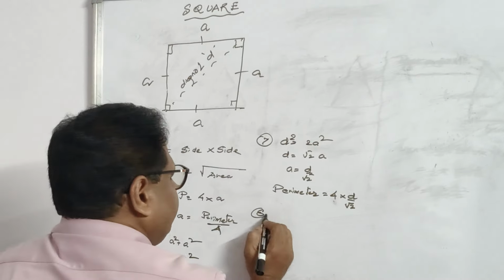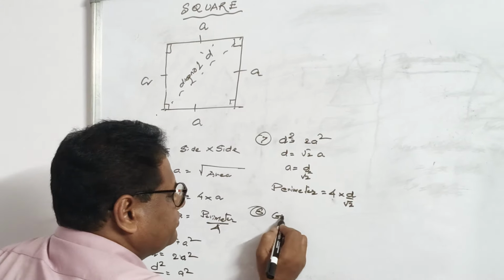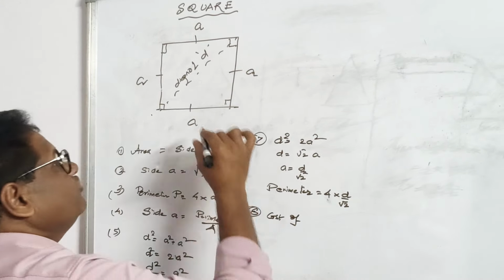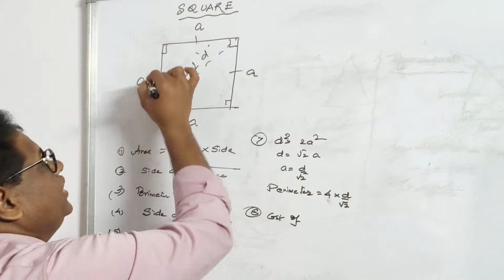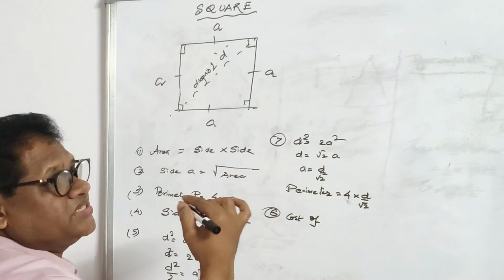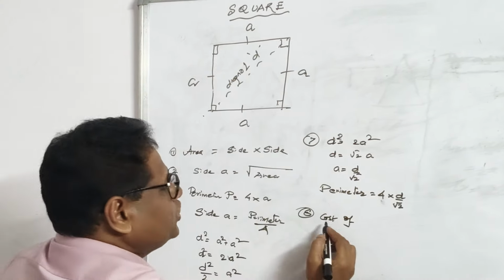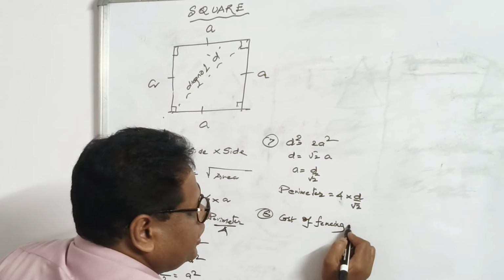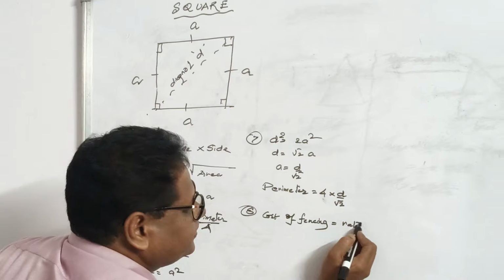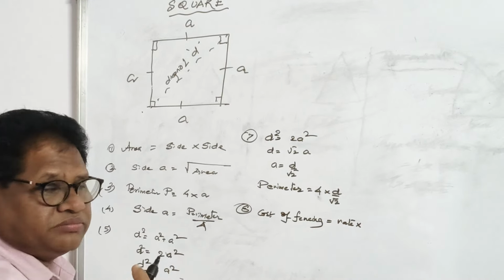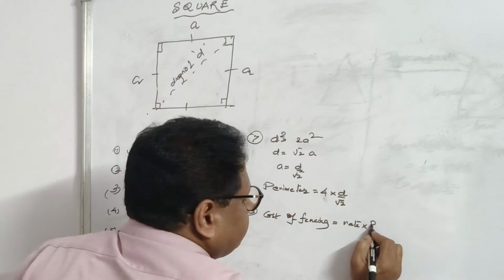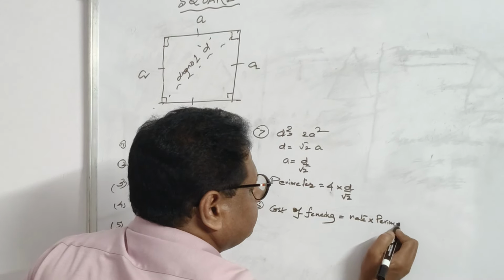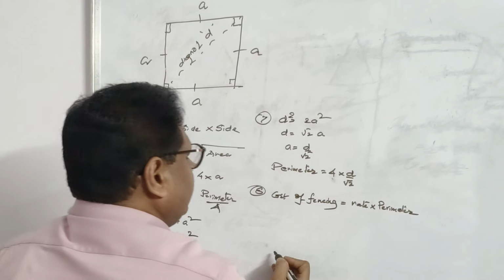Next, if you want to find the cost of fencing, means you are going around the boundary. Fences are constructed around. So if you want to find the cost of fencing, then multiply the rate, that is rate of fencing, with the perimeter. Okay.